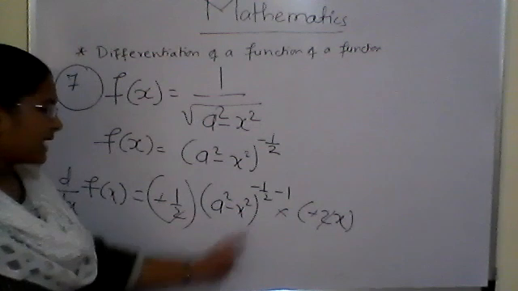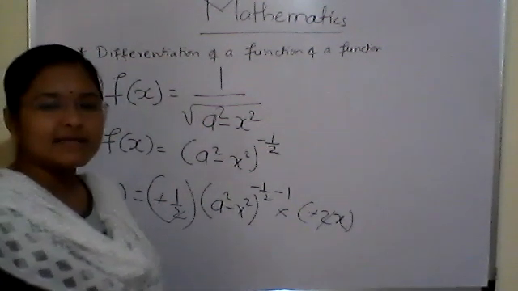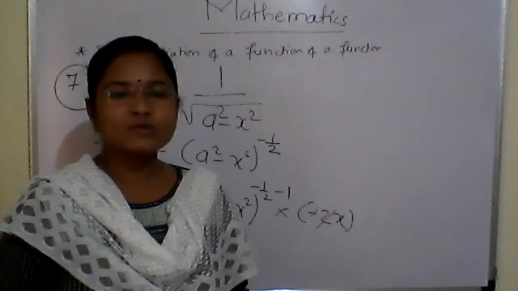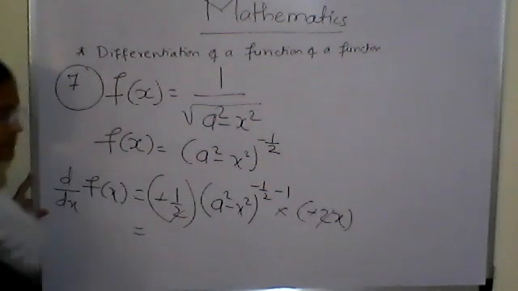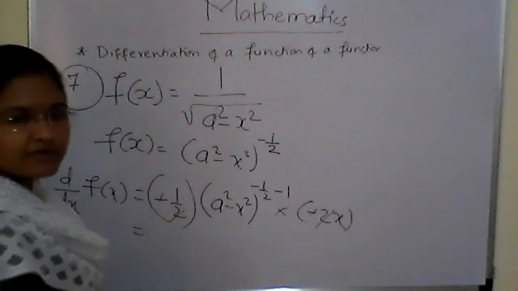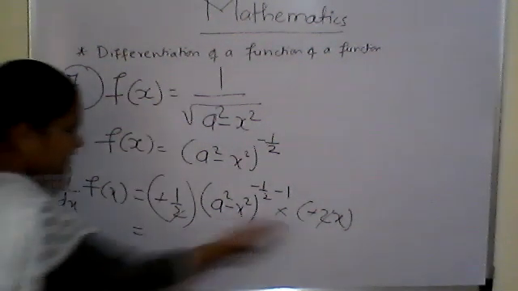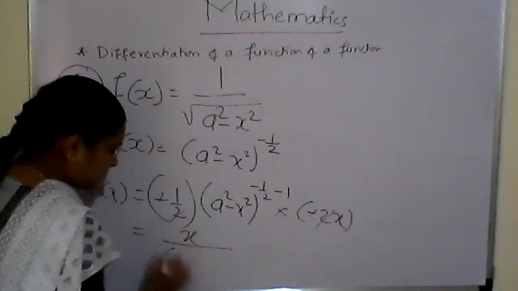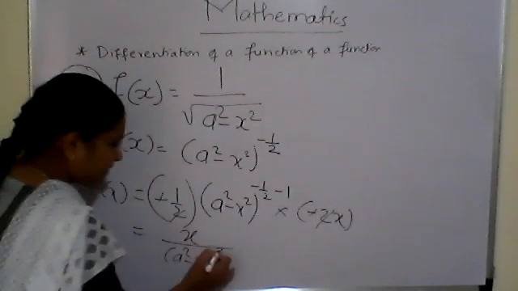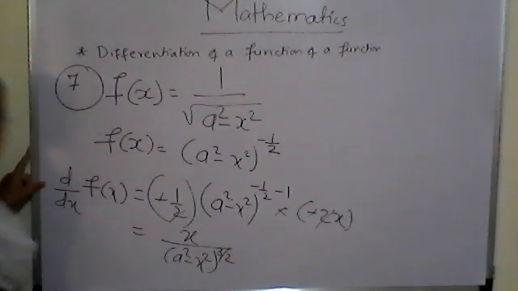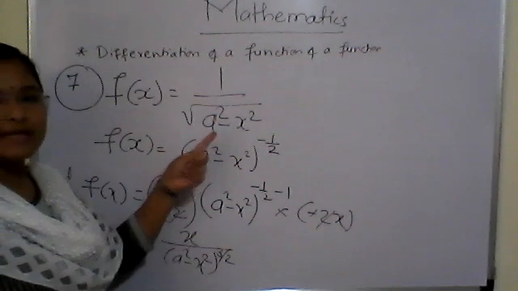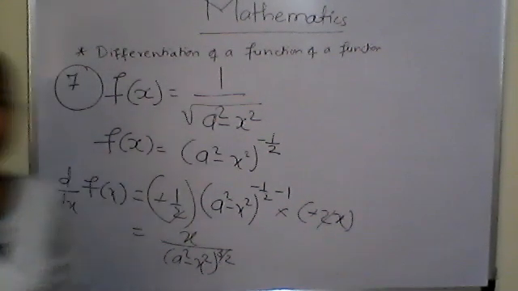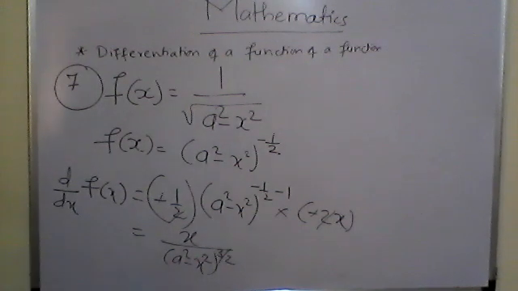So what will be there? x upon a square minus x square raised to minus 3 by 2, since minus 1 by 2 minus 1 is minus 3 by 2. We'll write it in the denominator. Getting? Any doubt in this question, boys? Clear, ma'am. Okay.